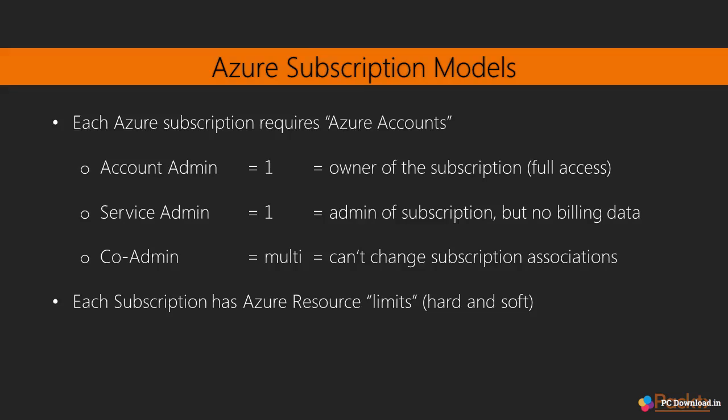A second Azure account that is created when deploying an Azure subscription is called the service admin, which again is one single account for that subscription, allowing you administration of the subscription itself, but not having access to billing data. And next to that, you can deploy multiple co-admins, as the Azure account is being called, and they can manage everything within the Azure subscription, but they cannot change the subscription association.